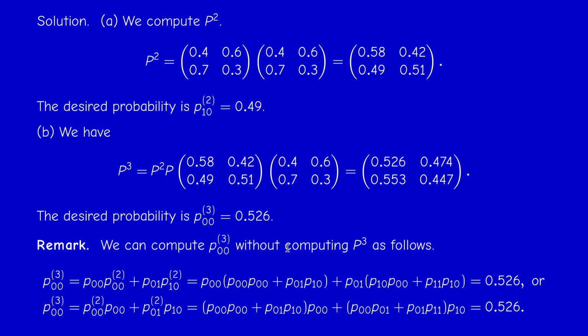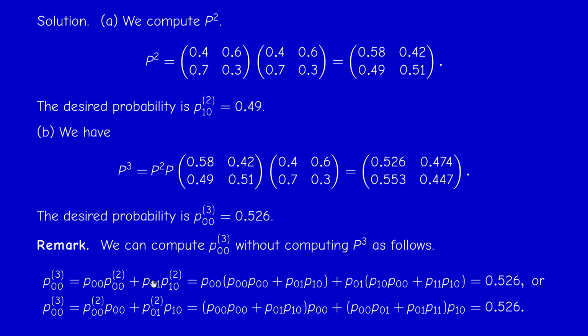Now, you may ask me what to do. Well, it depends on the question. If you just need one answer, you don't need to compute the whole matrix, especially when it's large. If I give you a 5 by 5 matrix and tell you to compute P3, if you don't have a computer, this will be really a problem.